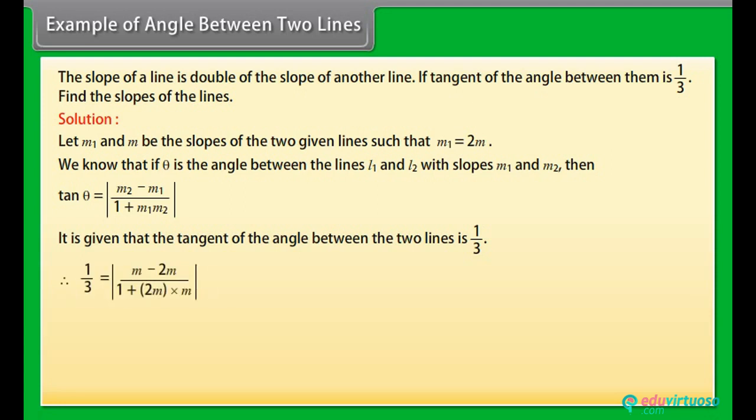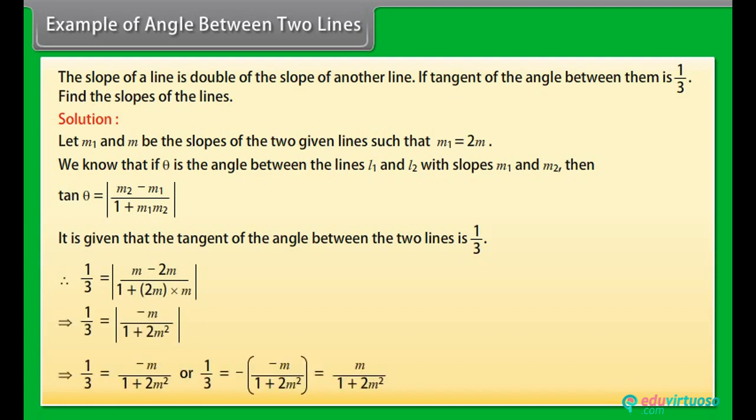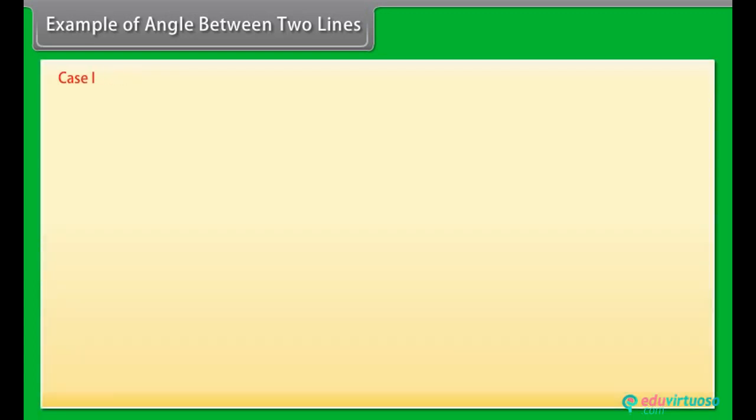Therefore, 1/3 is equal to modulus of (m minus 2m) divided by (1 plus 2m into m). On solving, we get modulus of m divided by (1 plus 2m square). Case 1. 1/3 is equal to minus m divided by (1 plus 2m square).